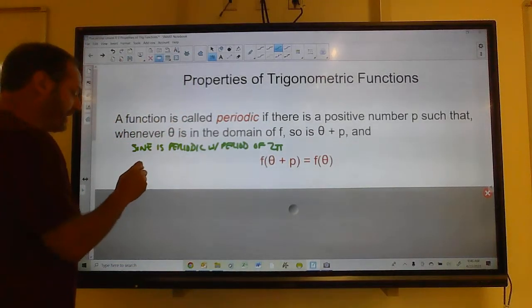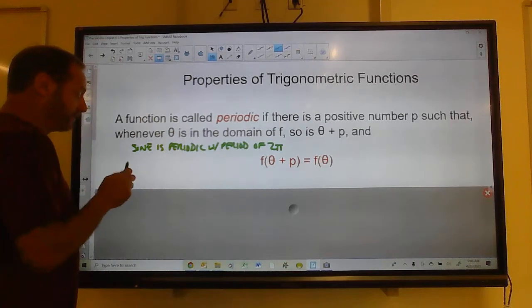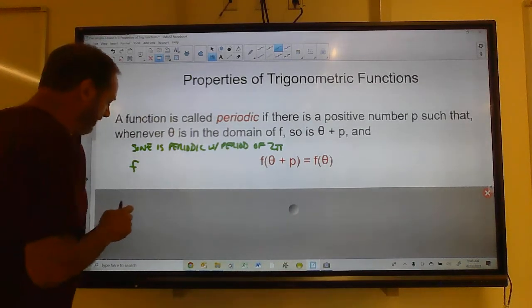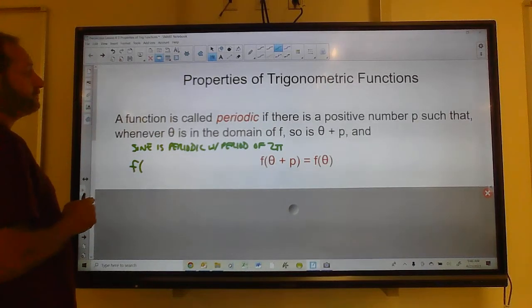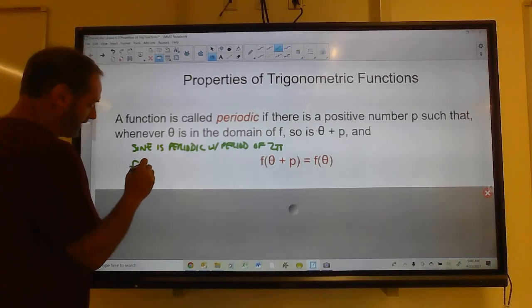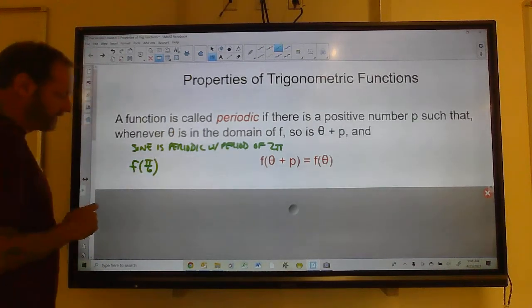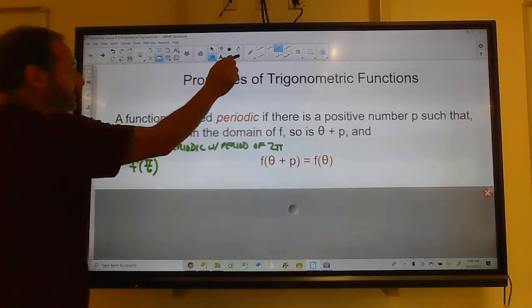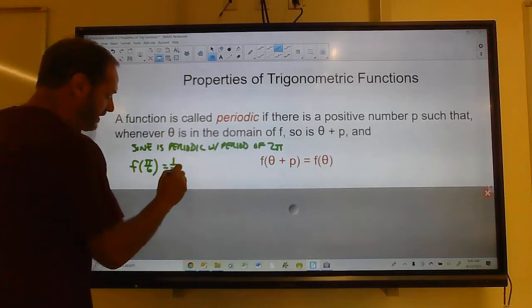So, if I have a value for, say, f of, let's see, something easy. How about f of pi over 6? The sine of pi over 6 is 1/2.